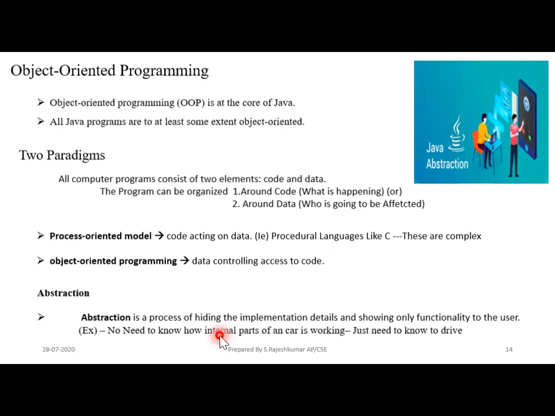It is not necessary to know how the internal parts of your car are working. For example, must you know how the air conditioner in the car works? No, that is not necessary. We must know the driving so that we can purchase a car. This is called abstraction: hiding the unwanted things and showing the essential things.